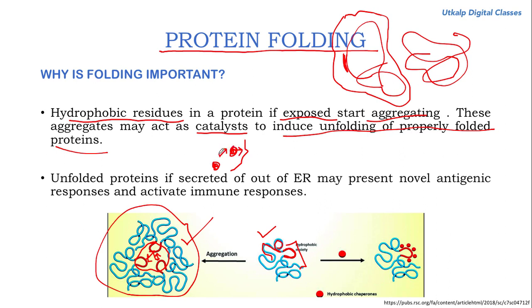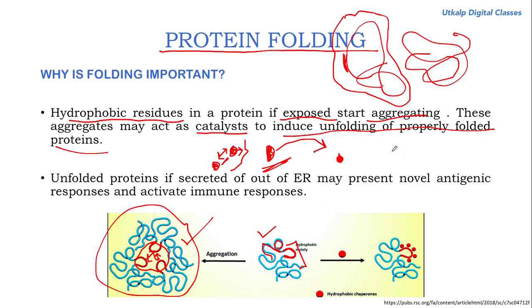To push out the water between them, they come together and aggregate. These aggregates are problematic because they further attract more hydrophobic residues and form bigger aggregated protein clusters in the cell.